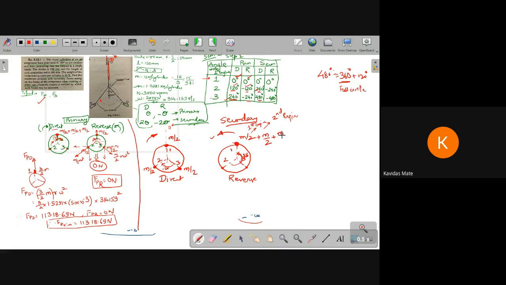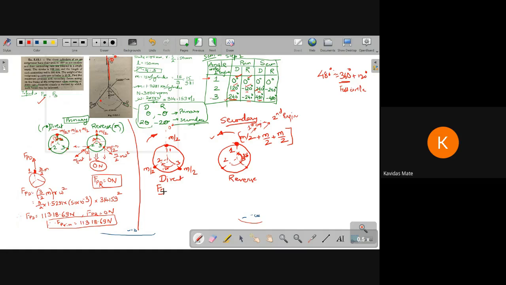So the mass will be kept at this particular location. The entire mass is concentrated at this particular point, point number 1. If you compare with the primary one, you will see that the direct is becoming reverse in the secondary. Direct primary will become reverse in the secondary, and over here, primary reverse will become direct in the secondary. So automatically, you can do that exercise.